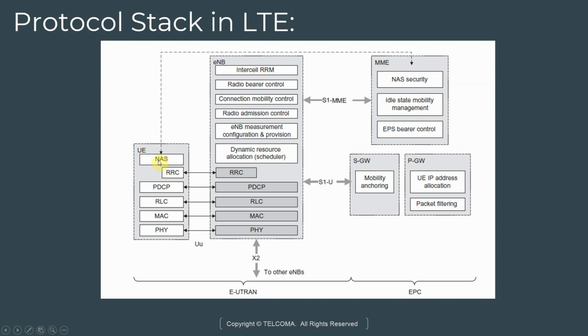So the NAS is probably the one that you are familiar with up until now, since we talked about NAS in the previous sections. Let's talk about some of the others here. On the eNode B side, you have the same set of protocols, right? On these layers, but in addition, you have some higher level functionality that's built in.